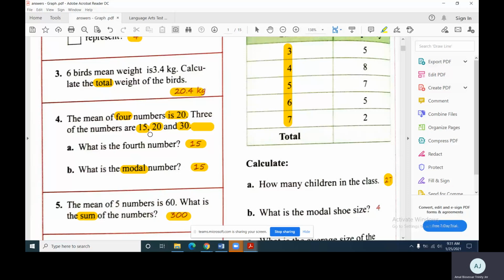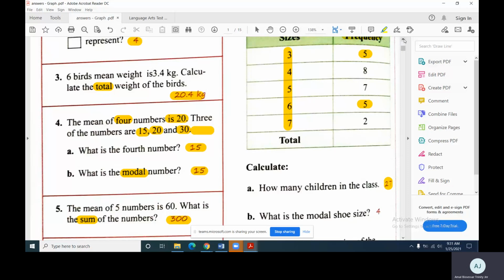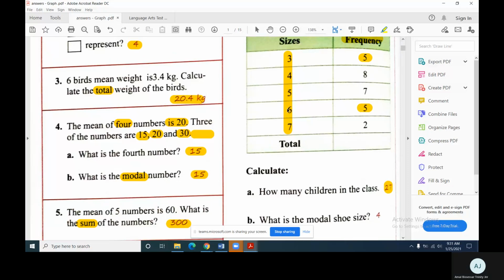Now here's the thing with the difference here. As you can see, with mode, it is numbers that come twice or 3 times or 4 times. So you're going to see 5 twice, 5 and 5. But the mode is not 5 in a question like this. The modal shoe size means which shoe size is the most common shoe size.